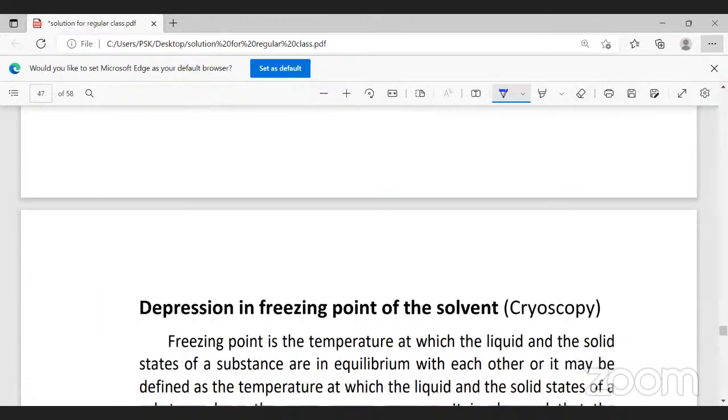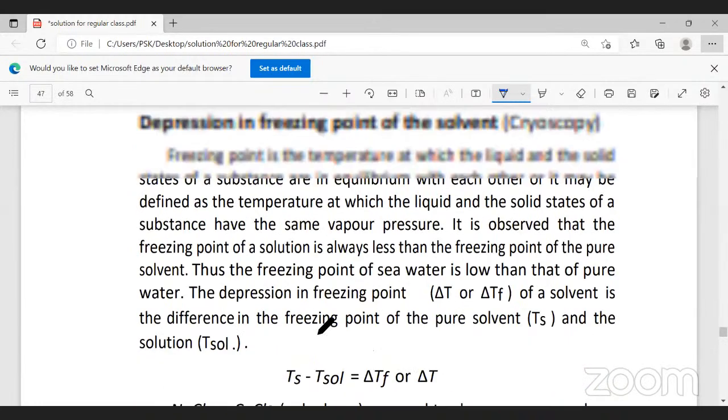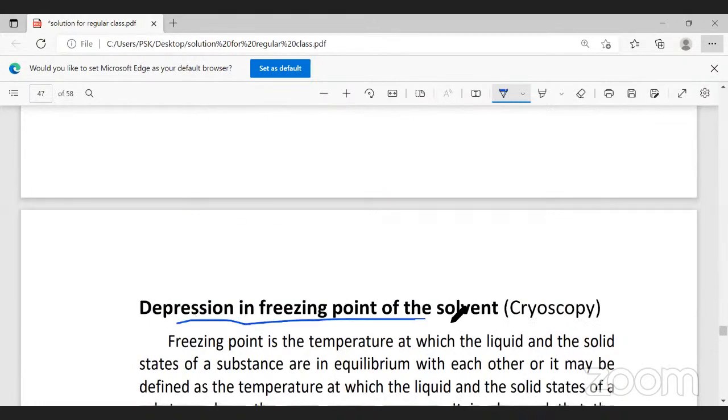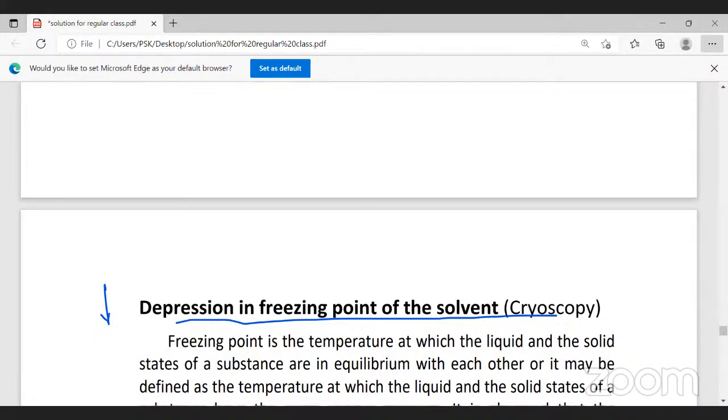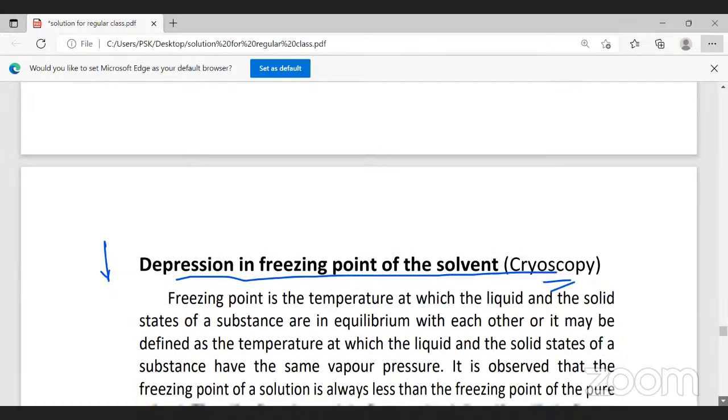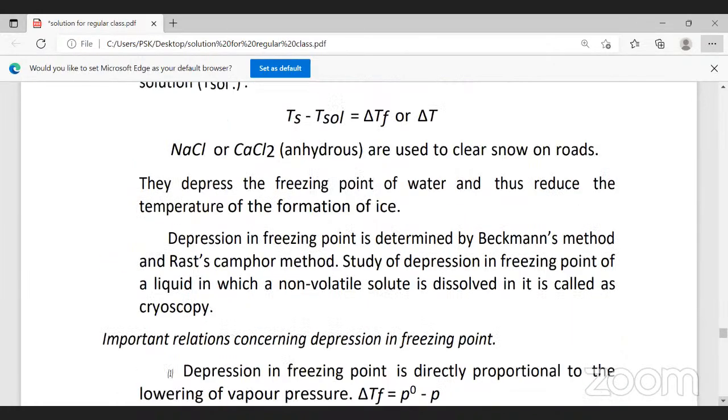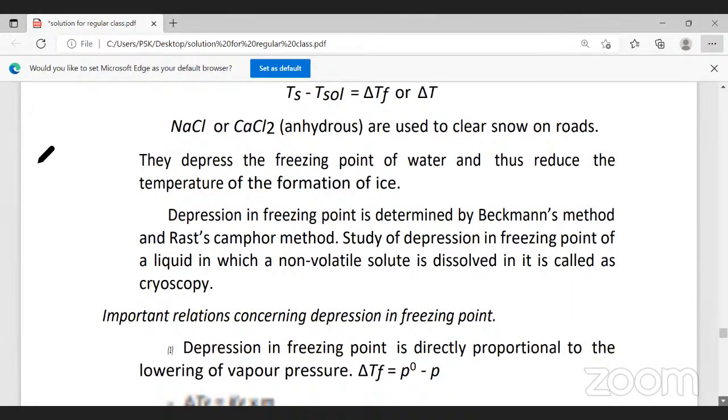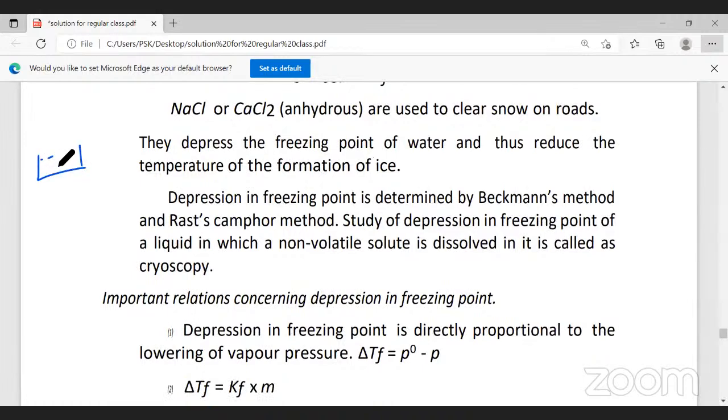Theory I will teach you because we have 10 minutes. Depression in freezing point of the solvent, also called decrease in freezing point, is called cryoscopy. Now, what is this depression in freezing point? Take water.